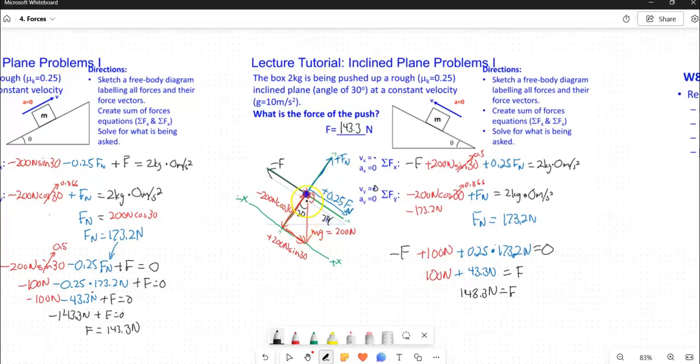Then we started our force diagram by drawing our mg vector pointing straight down to the bottom of the page. Then the 30-degree incline is 30 degrees here in between the mg vector and the y direction of the coordinate system. And then we drew our contact forces F and the surface, which was those two forces.